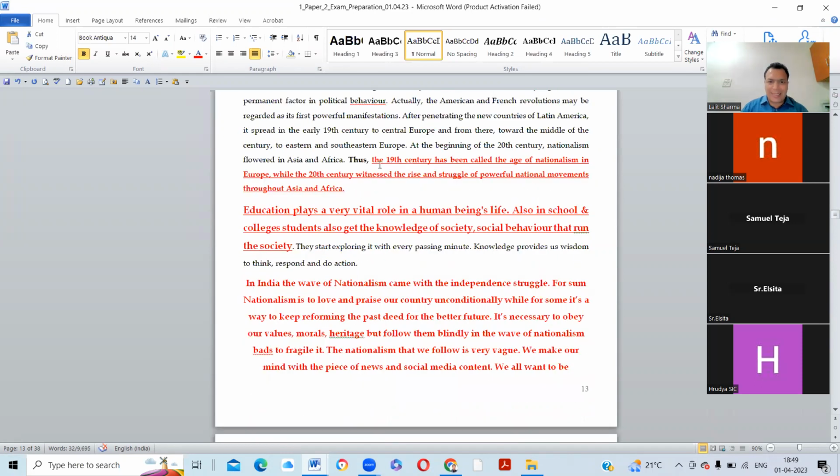The 19th century has been called the age of nationalism in Europe, while the 20th century witnessed the rise and struggle of powerful national movements across Asia and Africa. Education plays a vital role in a human being's life. In schools and colleges, students also get knowledge of society and the social behavior that runs society.